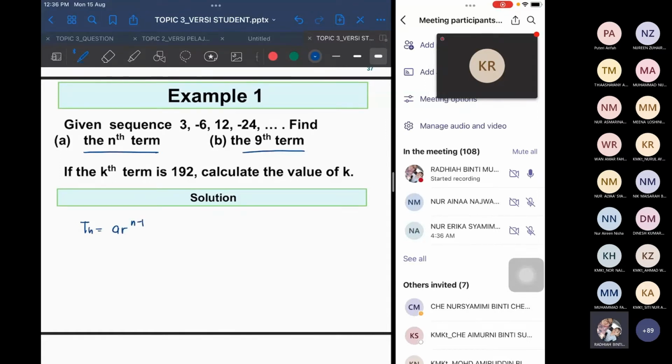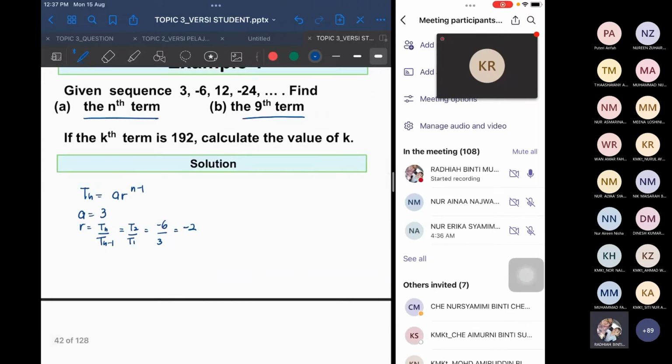So untuk dapatkan n term kita kena ada A, kita kena ada R. Okay, so A kita adalah first term untuk sequence ni adalah 3. So untuk dapatkan common ratio, kita tahu formula kita adalah Tn over Tn-1. Contohnya kita nak guna T2 divide T1. Okay, -6 divide by 3, so you got -2.